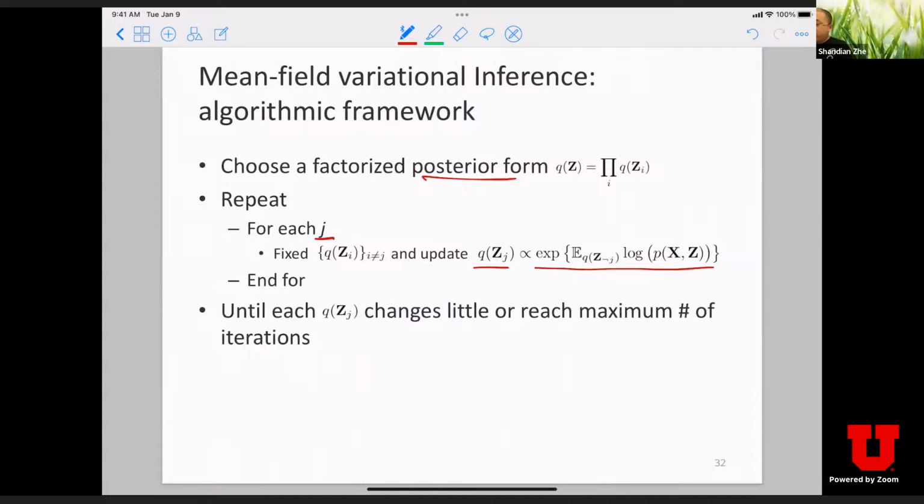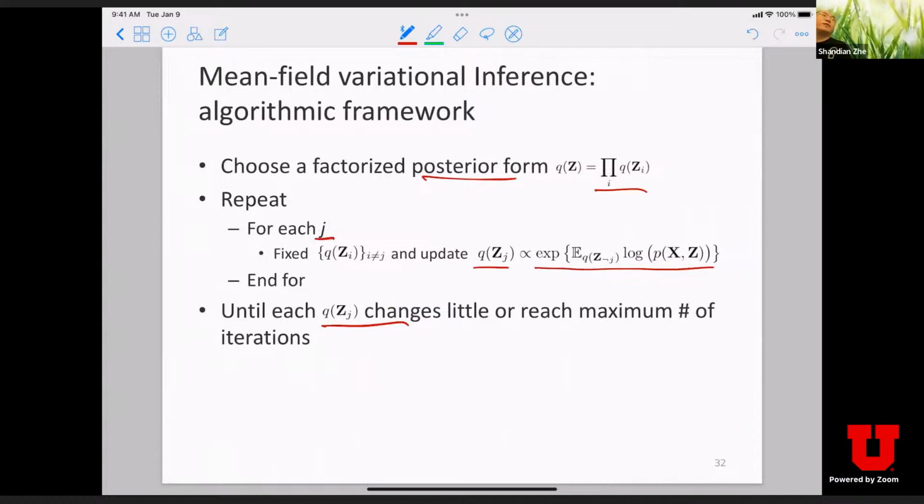Then you switch to the next sub-variable, Z_(j+1), and do the same thing. You update every Q(Z_j) in your posterior form, finish one iteration, then conduct the next iteration. You do this until the change of the Q(Z_j)'s is less than some tolerance level or some maximum number of iterations is reached. This is called mean field variational inference.